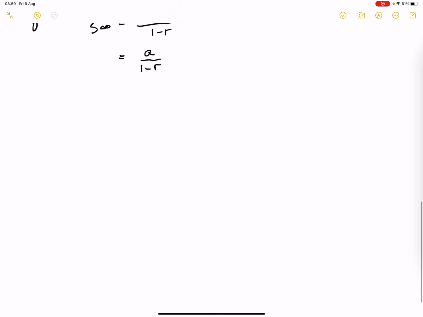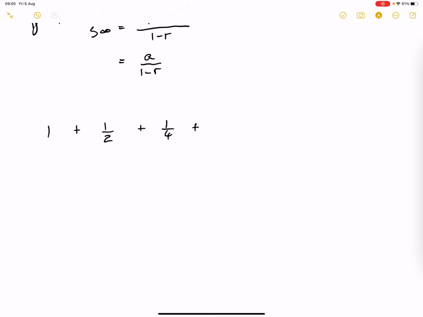And let's say you watched it one time, and the next time you watched it at double speed, and the next time at quadruple speed, and the next time at 8 times speed, and so on and so forth, until you got to 1 over 2 to the n minus 1.